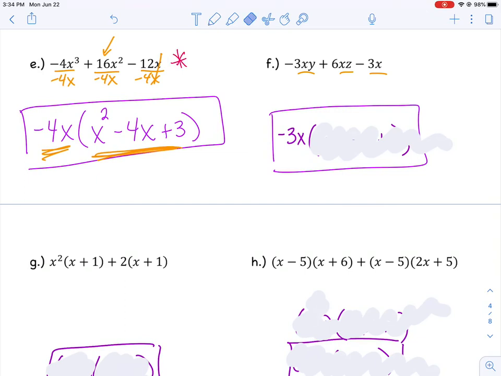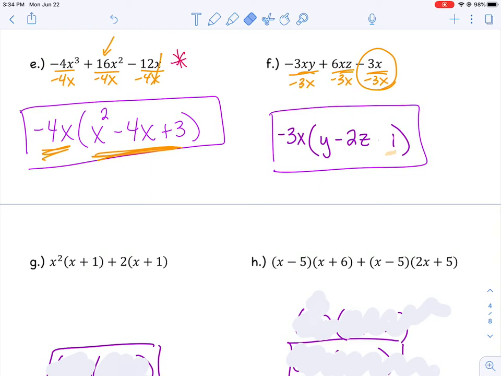Leaving my leftovers, when I divide everything by a negative 3 and an x, did you end up getting a y, a negative 2z, and ooh, a positive 1? Now be careful with that one. If you look carefully when you divide, there is still a number here. -3 divided by -3 is a 1, and so it's really important to keep that place there.